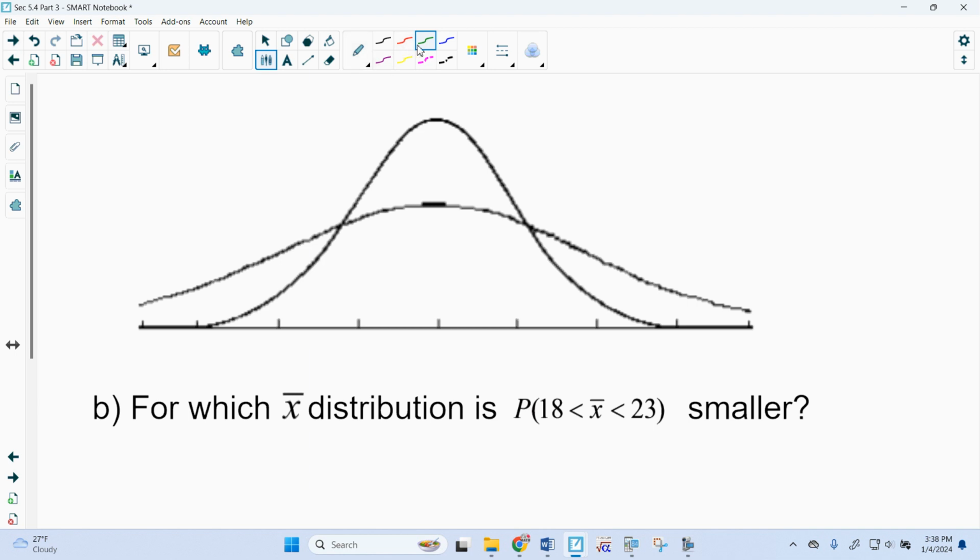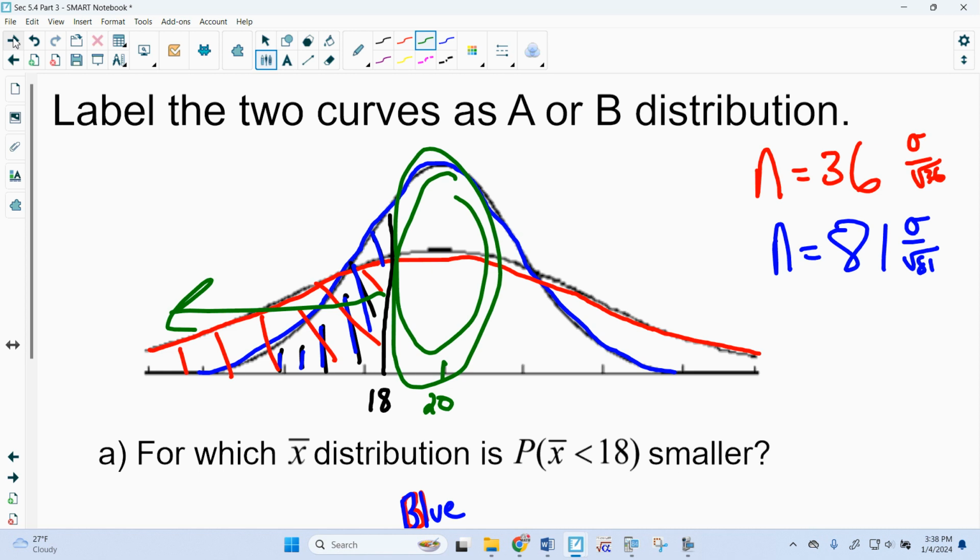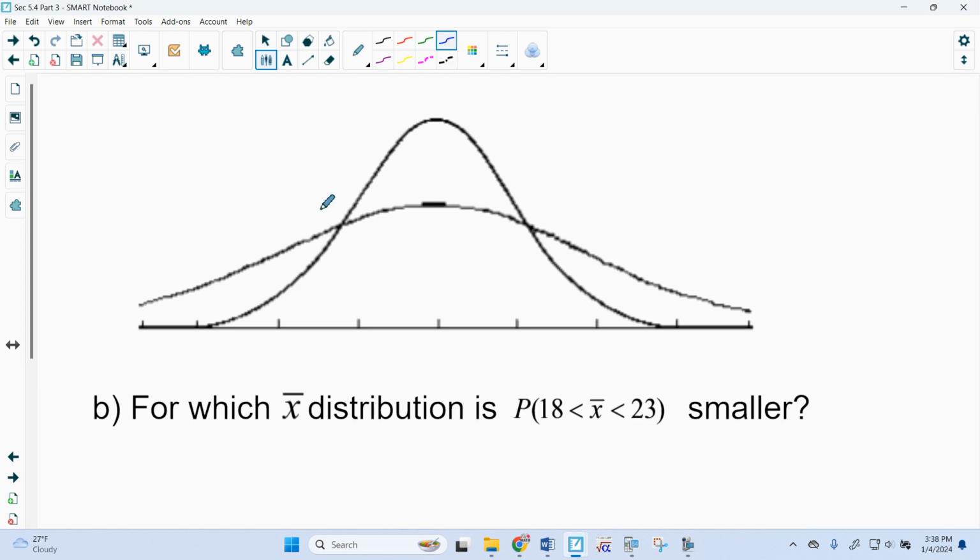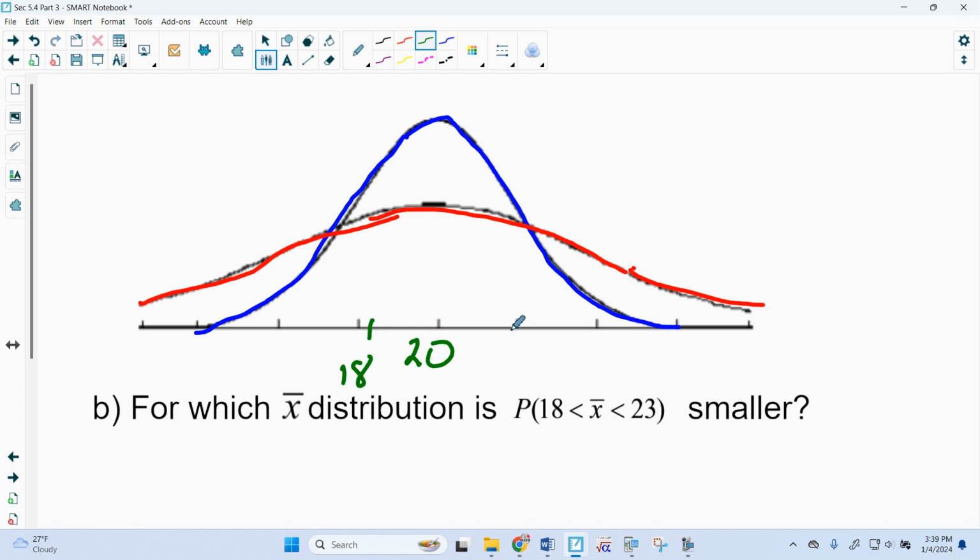Now, if we did the same thing, and we had blue is more in the middle, red is a smaller standard deviation, so here, and we had 20 in the middle, and we wanted 18 to 23, and we said, which one in the middle here is smaller?